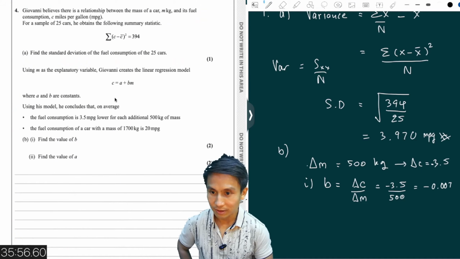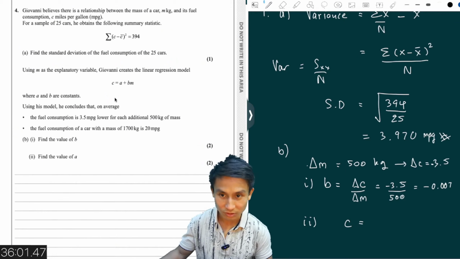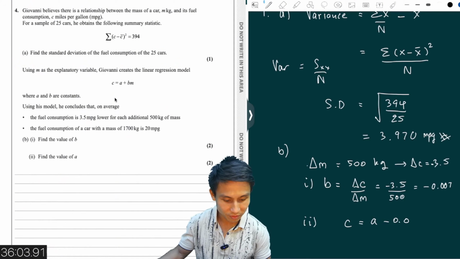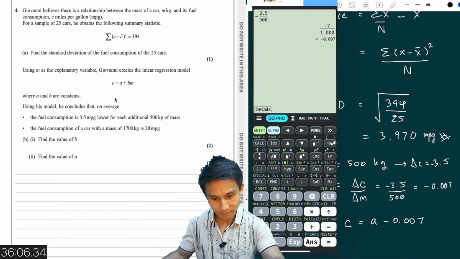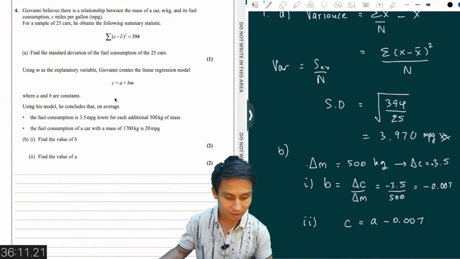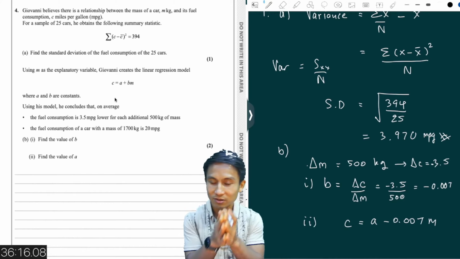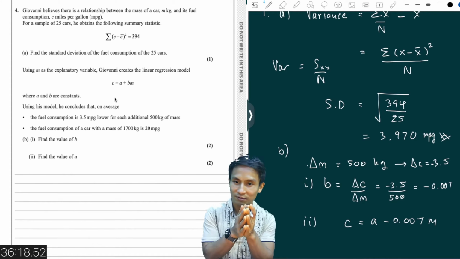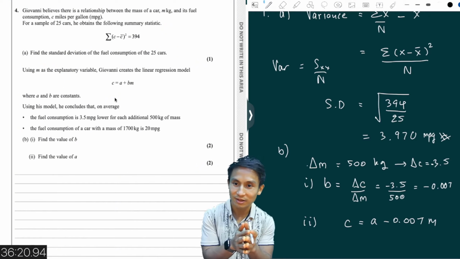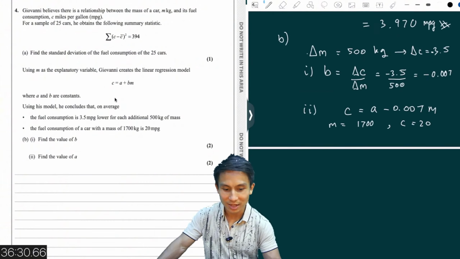Okay, we got the value of b now, part I. And then the value of a, so we plug everything back into the equation. We get c equals a minus 0.007 times m. And we have another line of information there: consumption of the car with a mass of 1700 kilograms. That is the m. If we plug m equals 1700, and the c will be 20, and we sub that, we're going to get a.